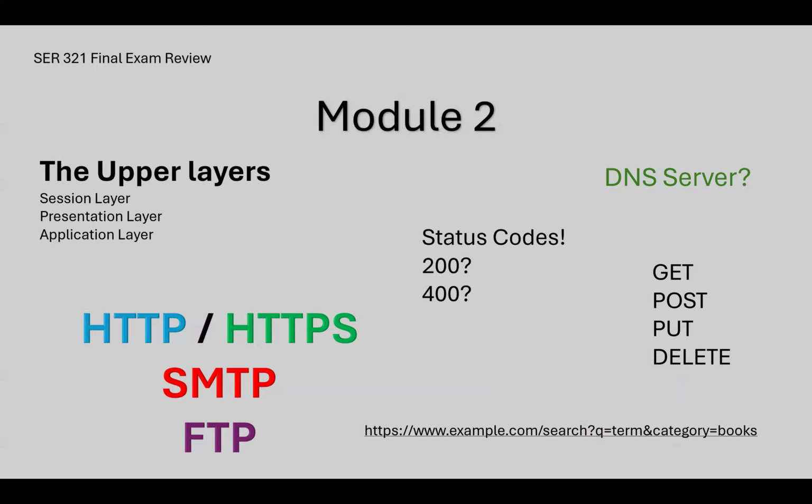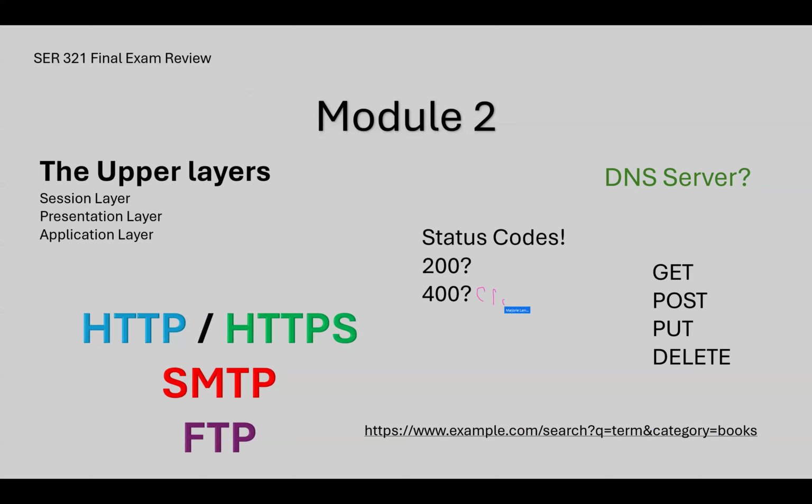So here we have the upper layers. This is kind of where we're getting more into what we code as programmers in Java or anything else. Obviously, the application layer is the highest layer. That's where you're going to be programming your protocols or using RPC, that kind of thing.